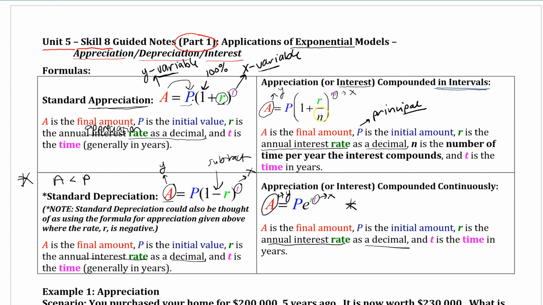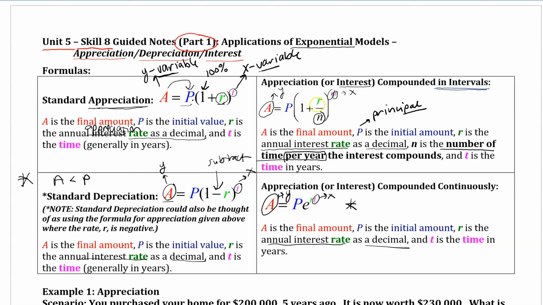And so that's why we had to introduce this new constant, n. And n is referring to the number of times per year. So you have this annual interest rate, and that interest rate is the rate just for within that 1 year. But sometimes within that 1 year, you will add that to the principal more than one time. You'll add it n number of times to the original amount.